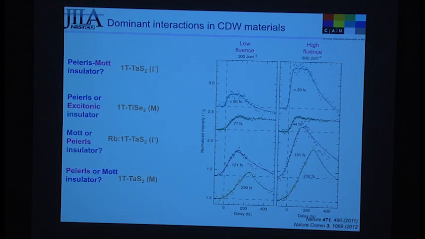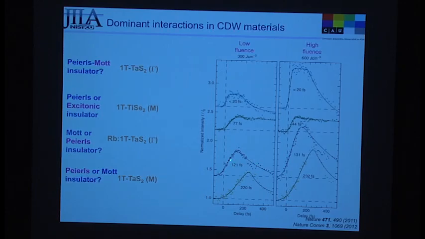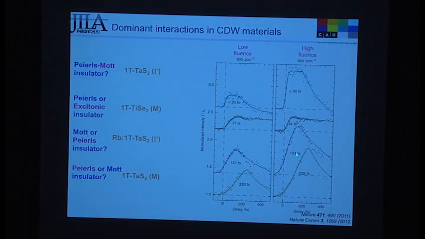If the response time is very fast, like 20 femtoseconds, and doesn't change with how many carriers you're putting into the unoccupied bands, then you can say it's a Mott-like insulator. If the response time decreases as you increase the laser fluence, then maybe it's excitonic-like. And if it's relatively long, longer than 100 femtoseconds, and doesn't change with how hard you hit the material, you can say maybe this is a Peierls-like interaction.